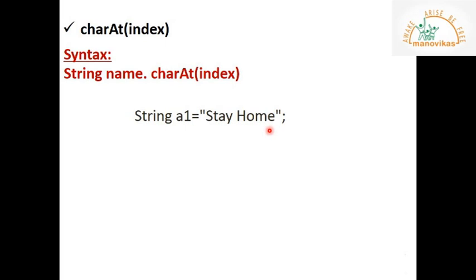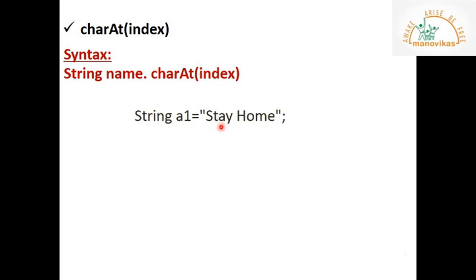So now suppose I want to point out a letter from this at a particular index, I must use the function name charAt. If I say charAt 2, that means 0, 1 and 2. So that means I am pointing out this letter.